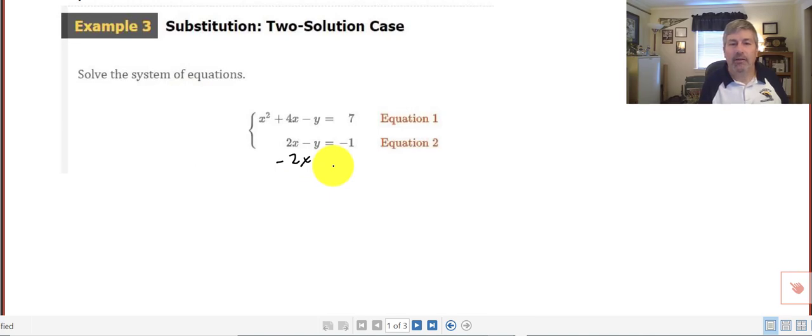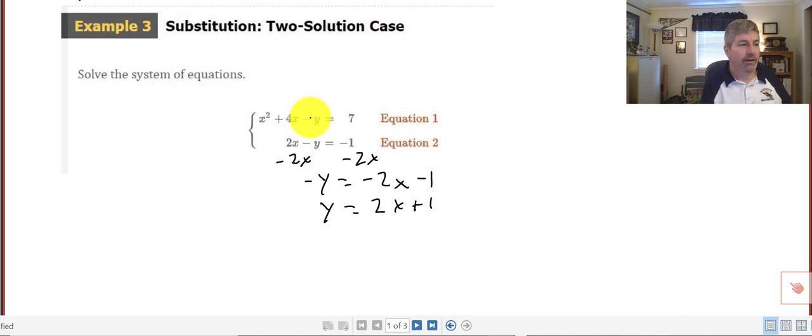When we subtract 2x from both sides, we'll get negative y equals negative 2x minus 1, or y equals 2x plus 1. Some of you might find it easier to work with the negative y because we have minus y here in equation 1.